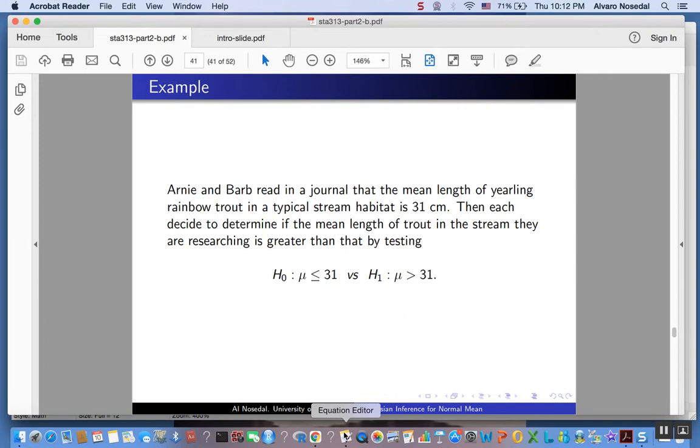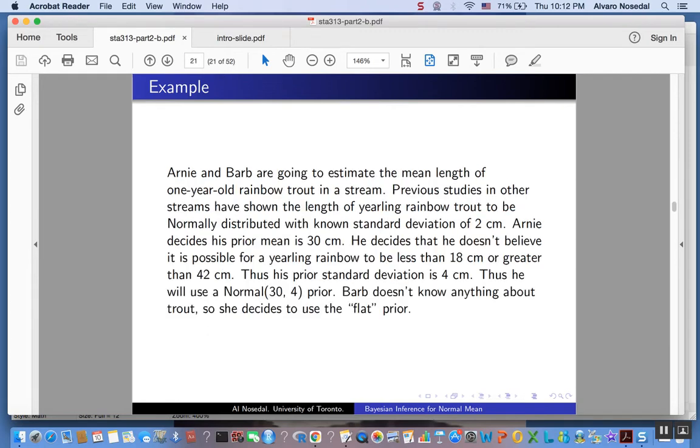Let me remind you what we did in this case: the data set and the priors that these guys considered. Arnie had a normal prior with prior mean 30 and prior standard deviation 4.